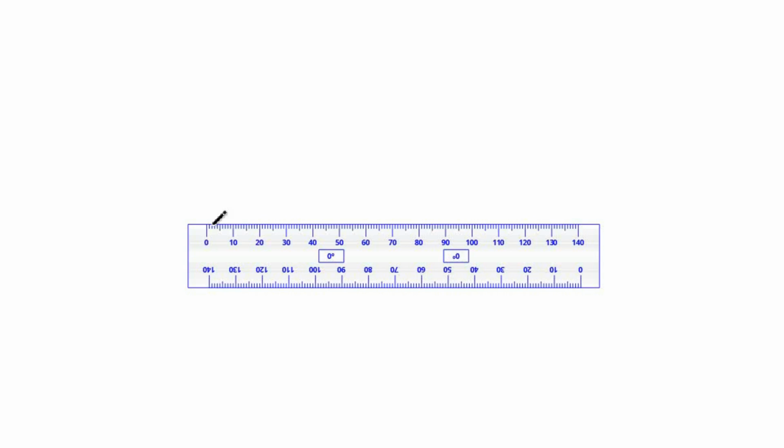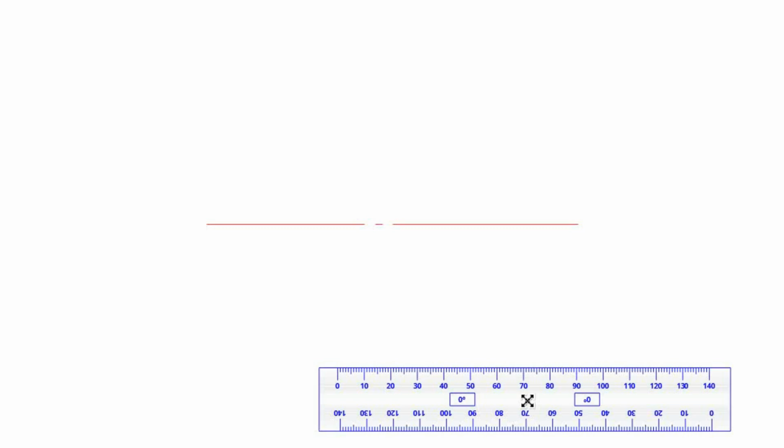Draw construction lines. First, draw a horizontal line across your sheet. This horizontal line serves two purposes. In the negative direction, to the left, it represents the x-axis, guiding the width of both the front view and the top view.